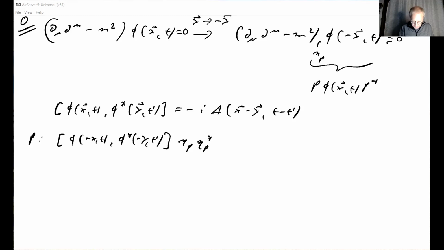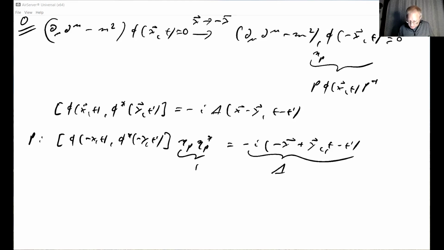And what I stated before, that the modulus has to be 1, just comes from the demand that we want to preserve this. And this is now equal to i at minus x plus y, t minus t dash. And you can see here, well, I've already used the property. I can use here the property that this holds.